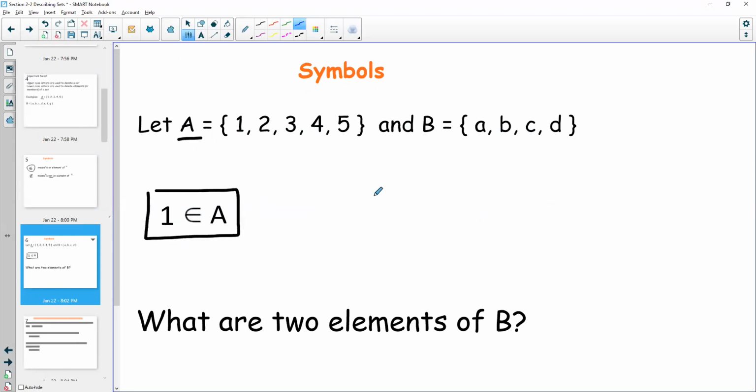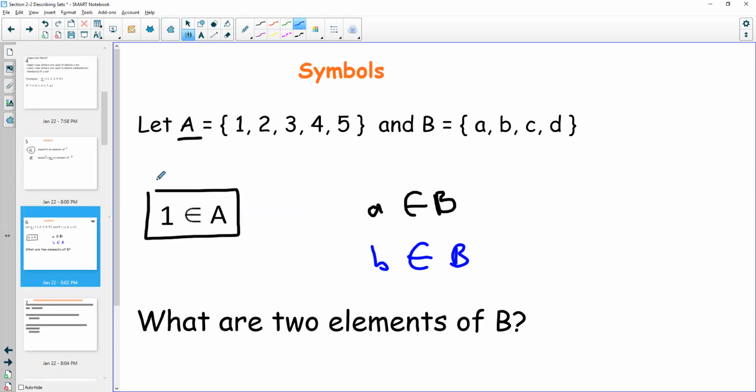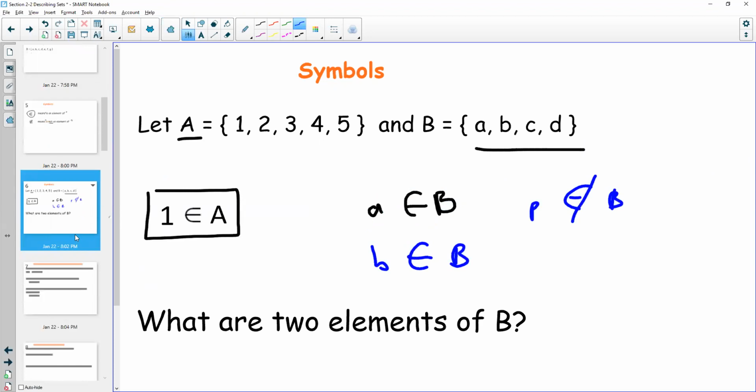So lowercase a is an element of set B. Sorry, again, writing with my finger, not so much. b is an element of set B. That's what that would look like, that's how you read that. The other thing I could say is that p is not an element of set B, because it's not in its set up here.